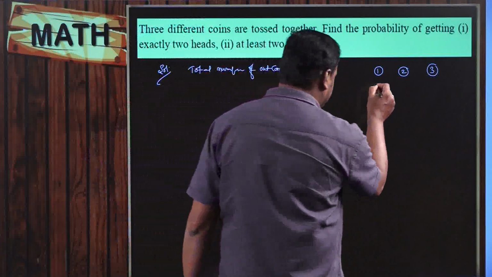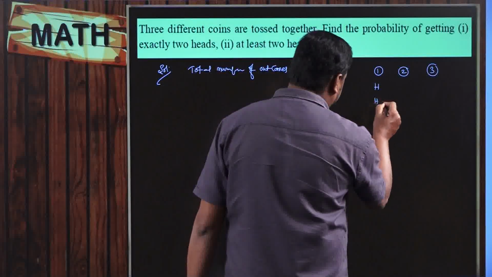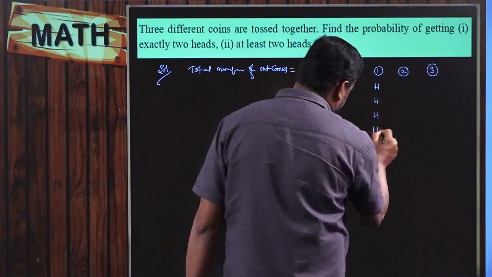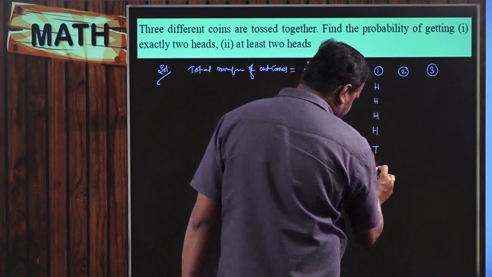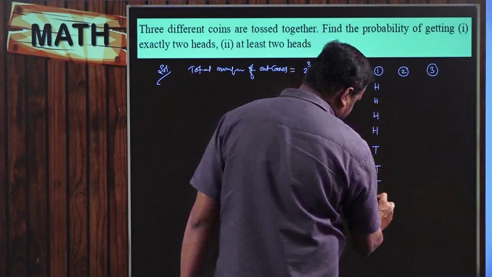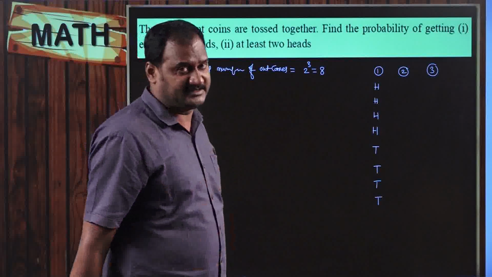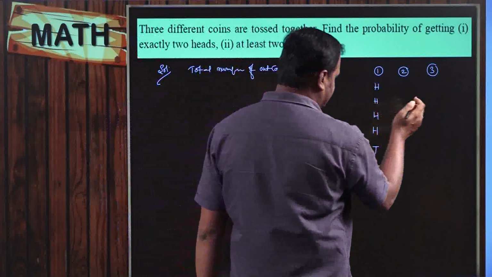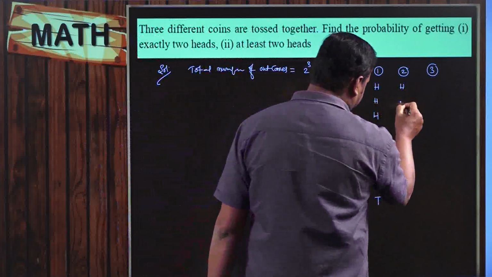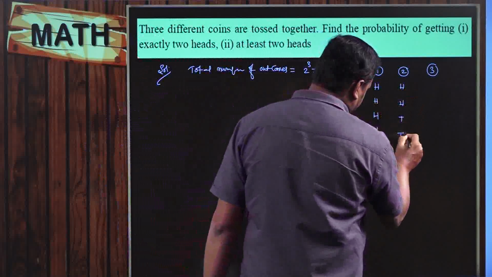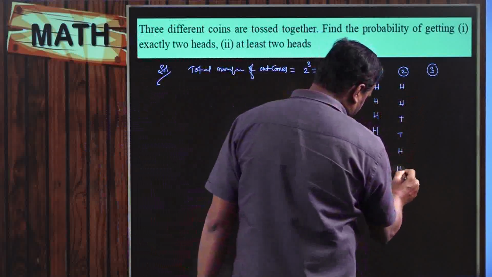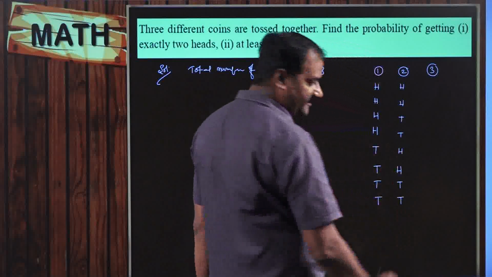I would write heads, heads, heads, heads. Similarly, tails, tails, tails, tails. And for the second one, half of 4 is equal to 2. So 2 heads and then 2 tails, and then 2 heads and then 2 tails, right?